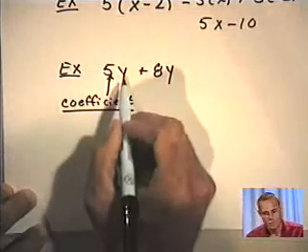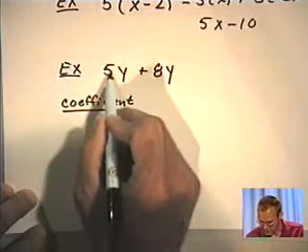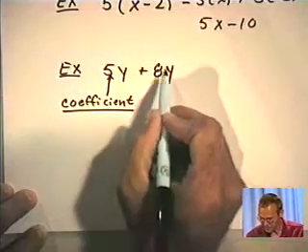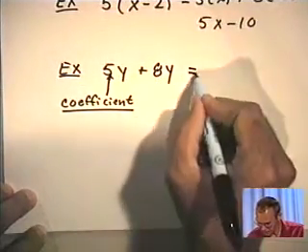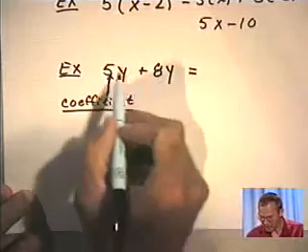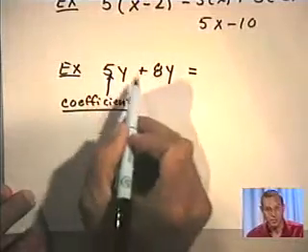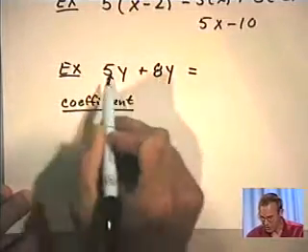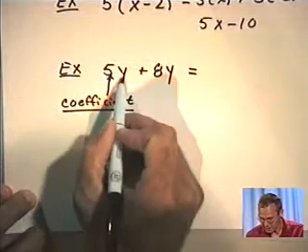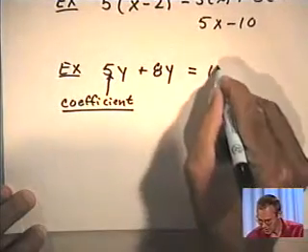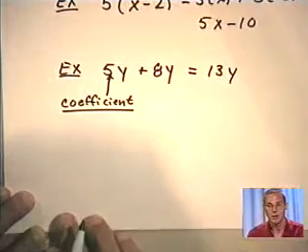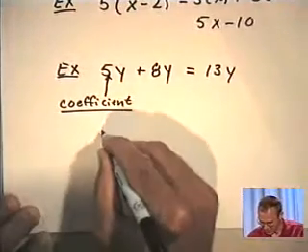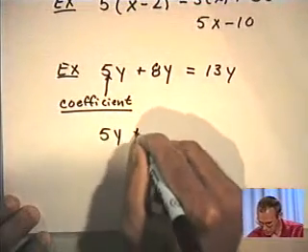So the coefficient of this piece is 5. The coefficient of this piece is 8. The way we add terms that are alike, these would be known as like terms, I add the coefficients together. I have 5y's plus 8y's is 13y's.